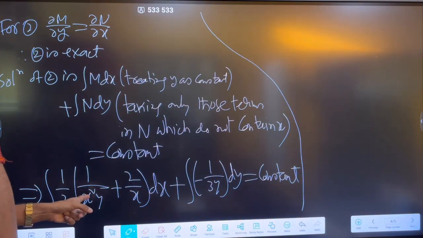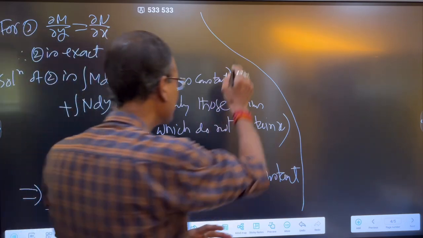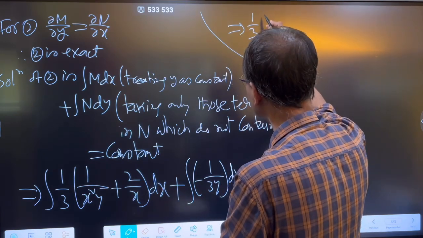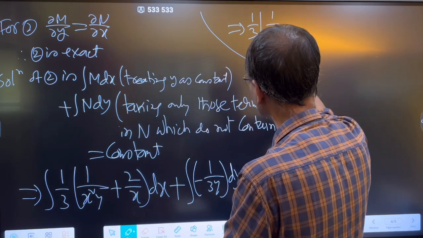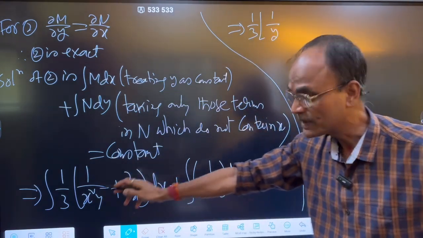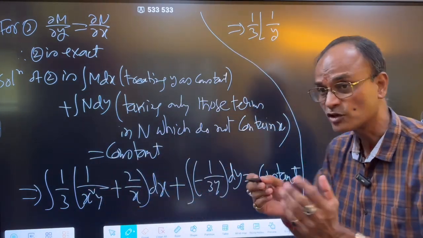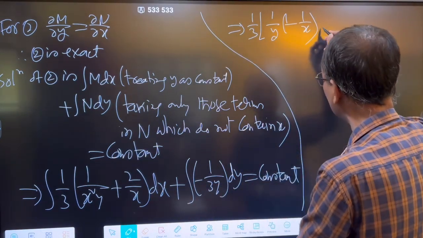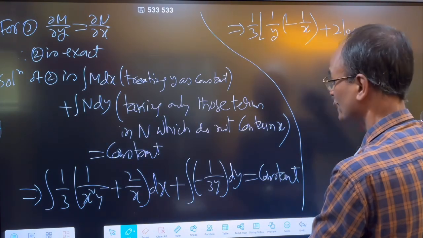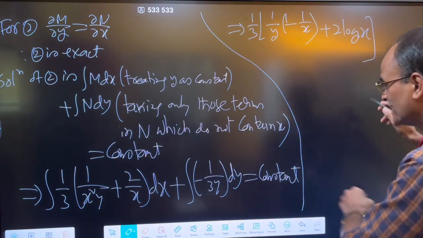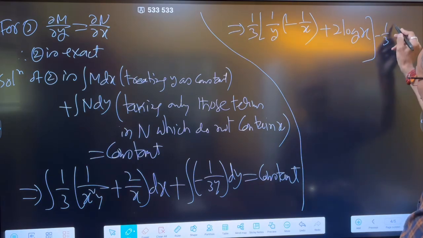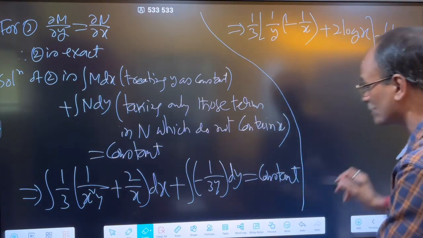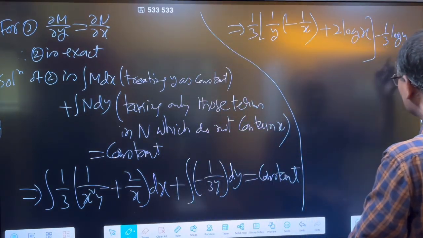This is integration with respect to x. You may write 1 by 3, 1 by y, times integral of x to the power minus 2, which is minus 1 by x, plus twice log x, minus 1 by 3 log y, equal to constant.